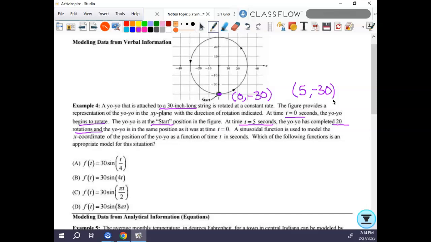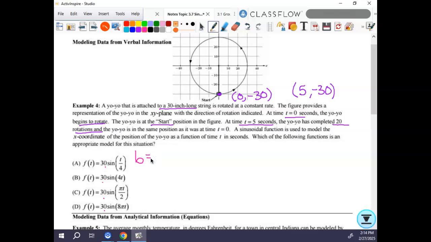Which of the following functions is an appropriate model? Okay, so before I do anything else, I'm going to look at my answer choices and see what exactly I have to figure out, because I don't have to figure out everything. A is the same on all the answer choices, so I'm pretty sure it's 30. There is no C and there is no D. So B is really all I have to figure out.